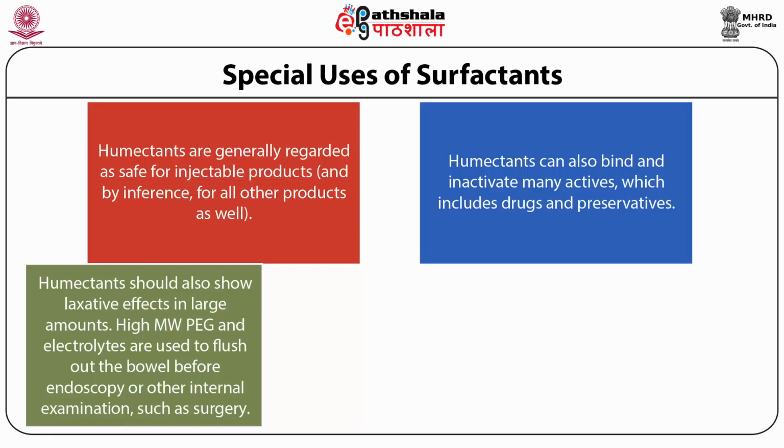Examples include high molecular weight polyethylene glycol or PEG and electrolytes, which are used to flush out the bowel before endoscopy or other internal examinations such as surgery.